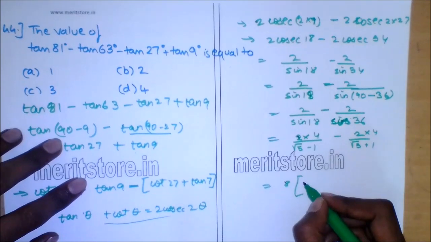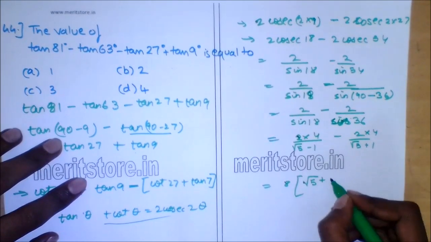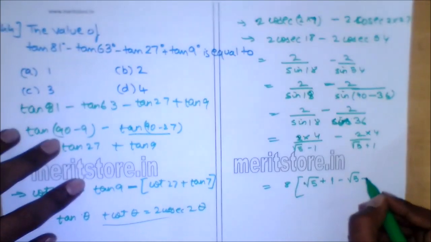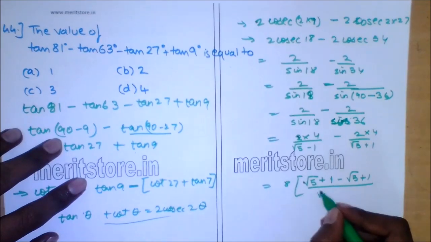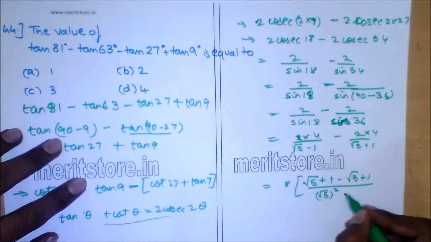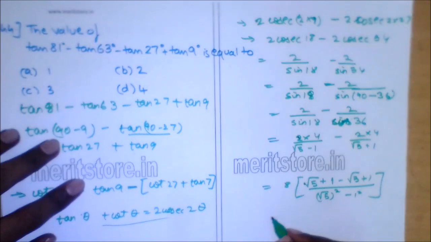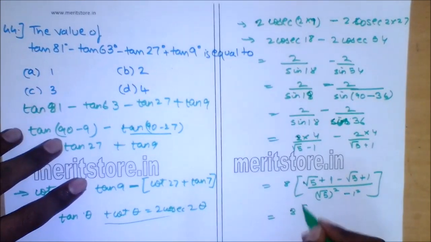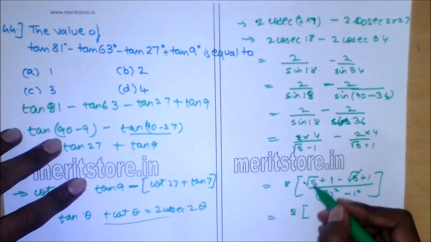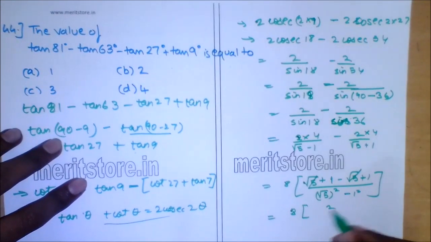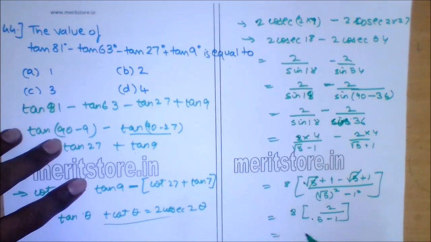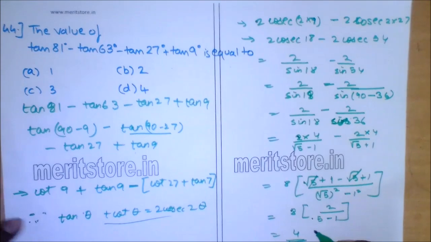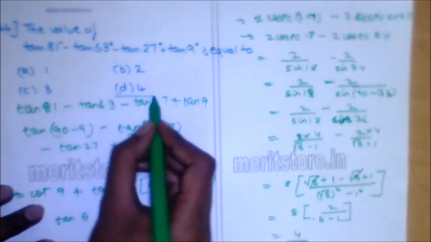Simplifying it, we get root 5 plus 1 minus root 5 plus 1 divided by root 5 square minus 1 square. That is equal to 8 into, this gets cancelled. So 2 upon 5 minus 1, that is 4. So the answer is D, 4.